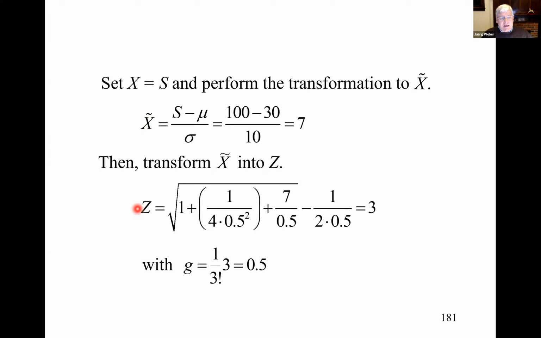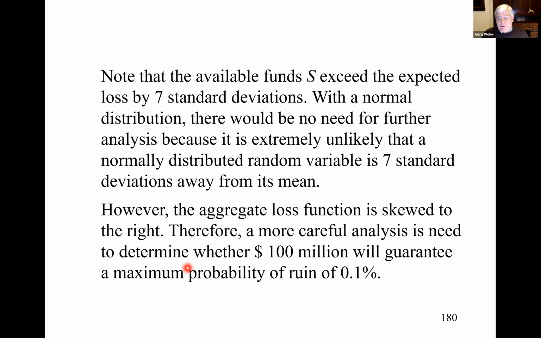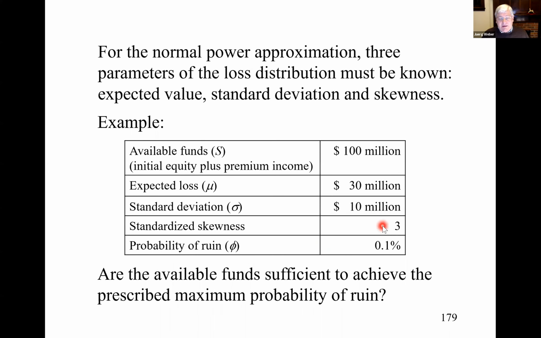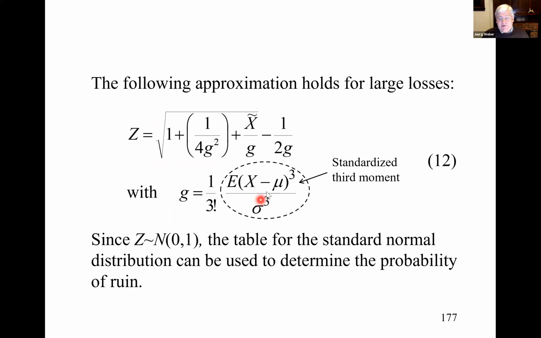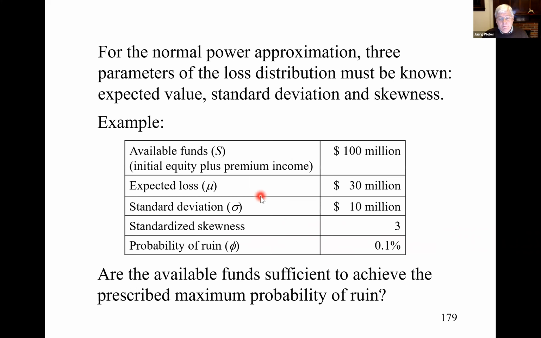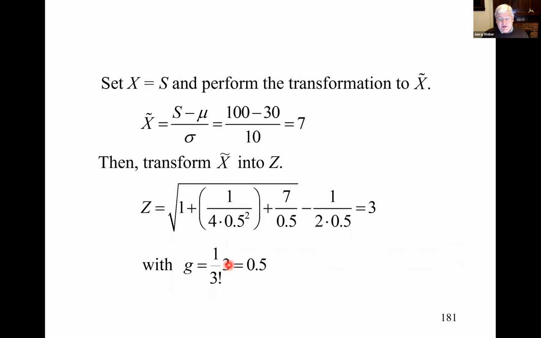So in the second step, we get rid of the skewness. So calculate the G. So the standardized skewness, remember that G, okay, is basically standardized skewness divided by 3 factorial. So you have 3 divided by 3 factorial here.